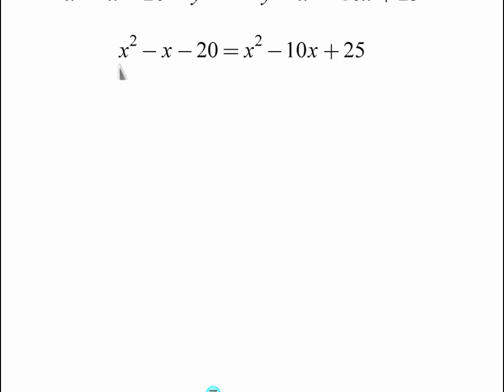To solve this, I've got to get everything onto one side of the equation because it is a quadratic. So I can subtract x squared, I can add 10x, and I can subtract 25.